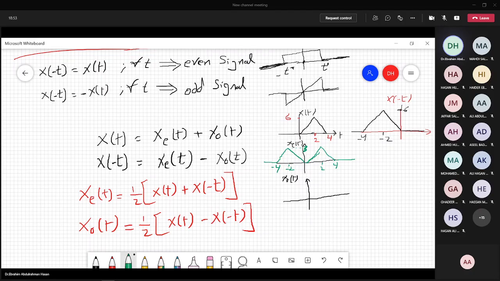Okay, how to find the odd part? Subtract x of minus t from x of t, then divide by 2. So then on the left-hand side, it is 0 minus this triangle. So I will get minus here, but divided by 2. So then we'll get something here.